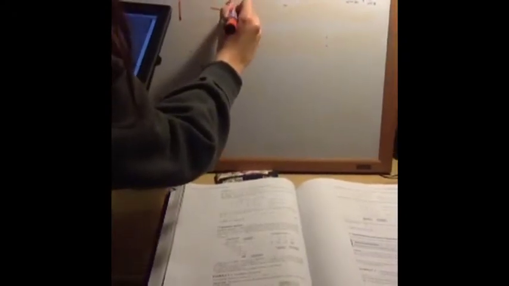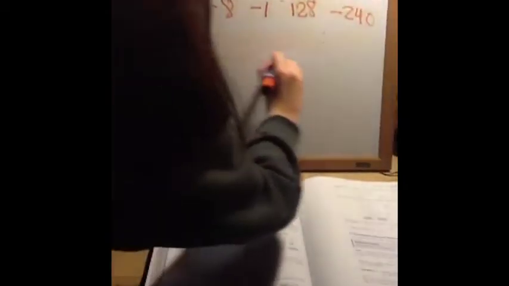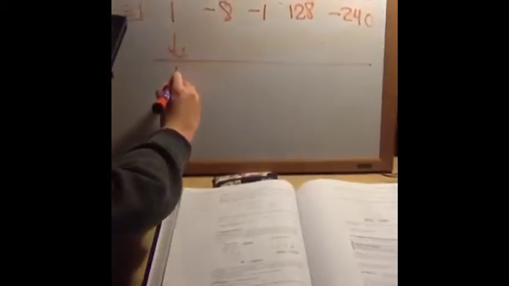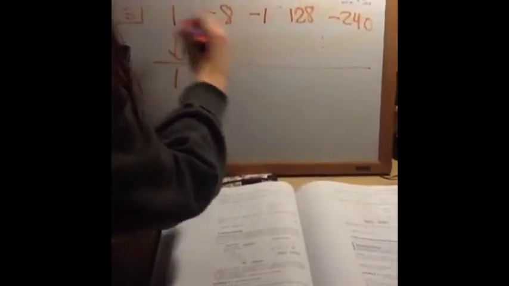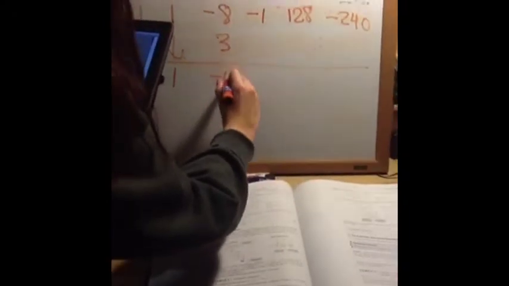Now, for synthetic division, we're going to put 3 right here, and we're going to take the coefficients of each term. So this would be 1, this would be negative 8, negative 1, and so on, including the constant: 128 and negative 240. Bring the first one down and get 1. Then 3 times 1 is 3, and we'll just go on from there.